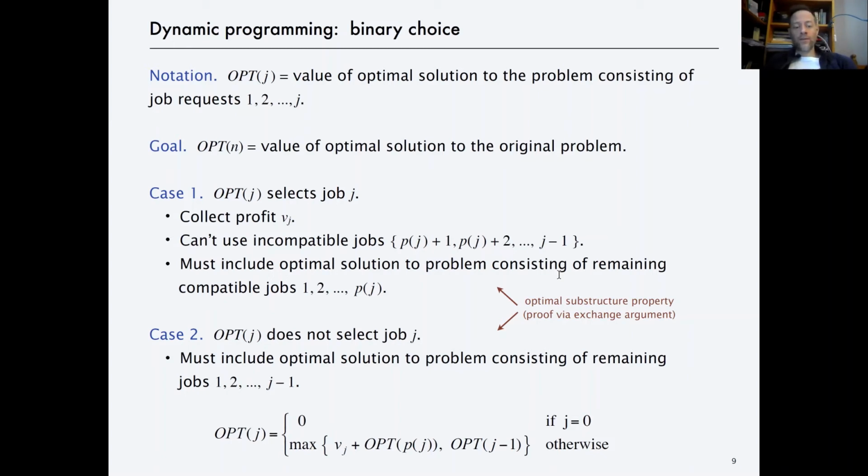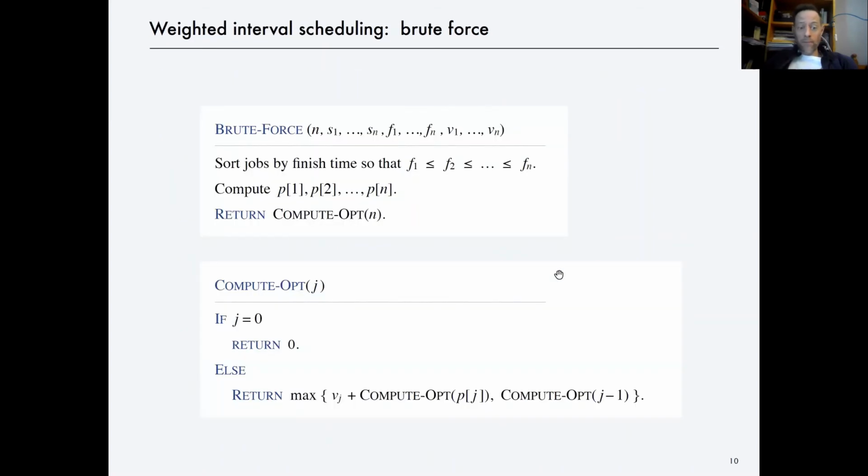This means that we select this job, we take the profit from that, and then we have the optimum of the remaining jobs. Otherwise, we just skip this particular job and we take the optimum of the rest. And if we take the best of these two options, then we find the optimum. So what we now have is a recursive definition of what it means to select the optimal set of jobs.